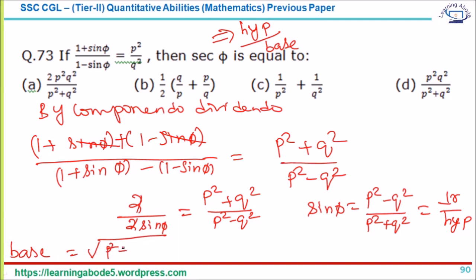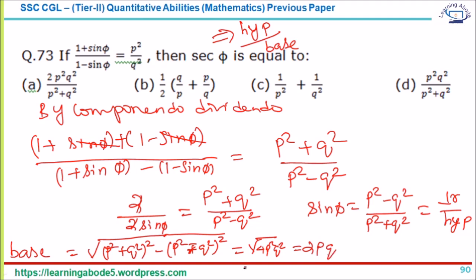So that is (p square plus q square) whole square minus (p square minus q square) whole square. So this is equal to root of 4 p square q square, that's equal to 2pq.